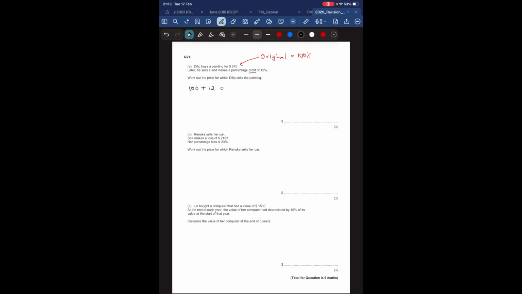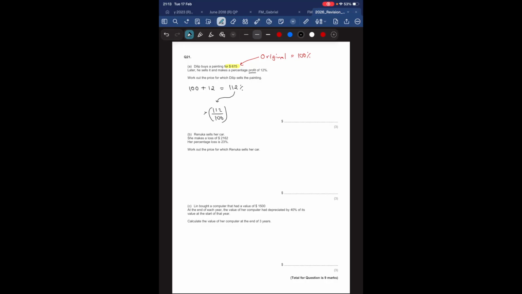So because we're making a profit, we're going to add 12% to 100, which gives us 112%. And then all we need to do is work out 112% of 675, which was our original value. So remember that 112% is a fraction. It's 112 over 100.